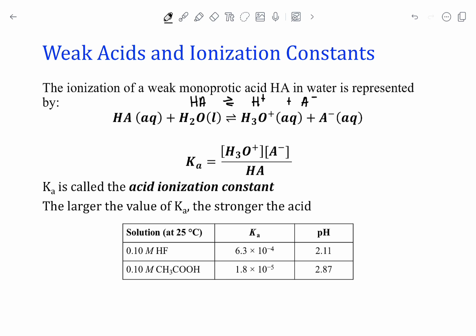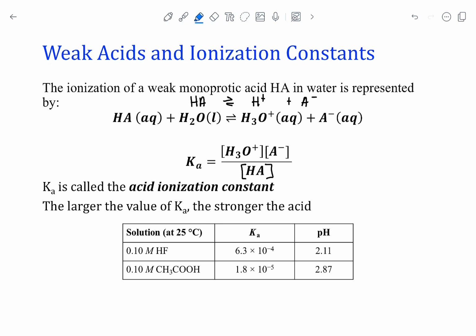So the equilibrium constant for a weak acid is represented as Ka, which is the acid ionization constant, is equal to the concentration of H3O plus times the concentration of A minus over the concentration of our original weak acid.